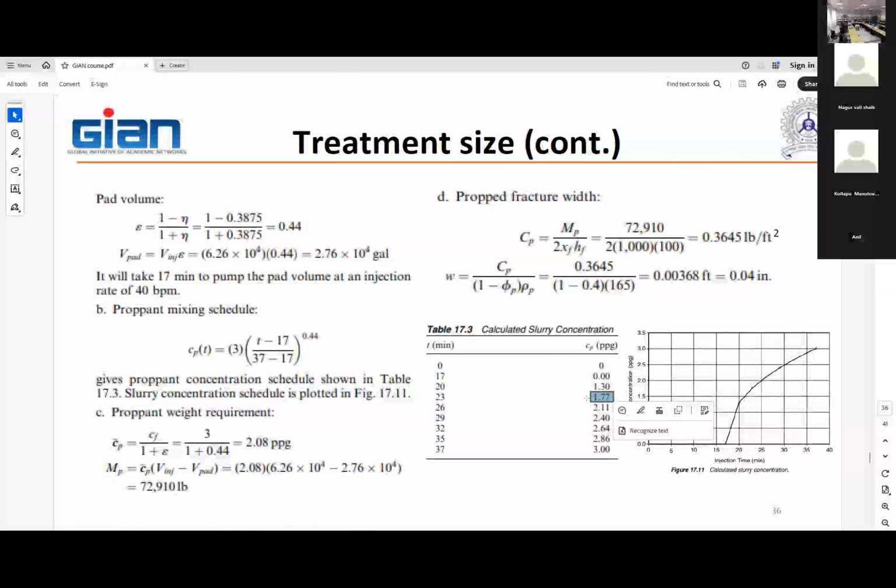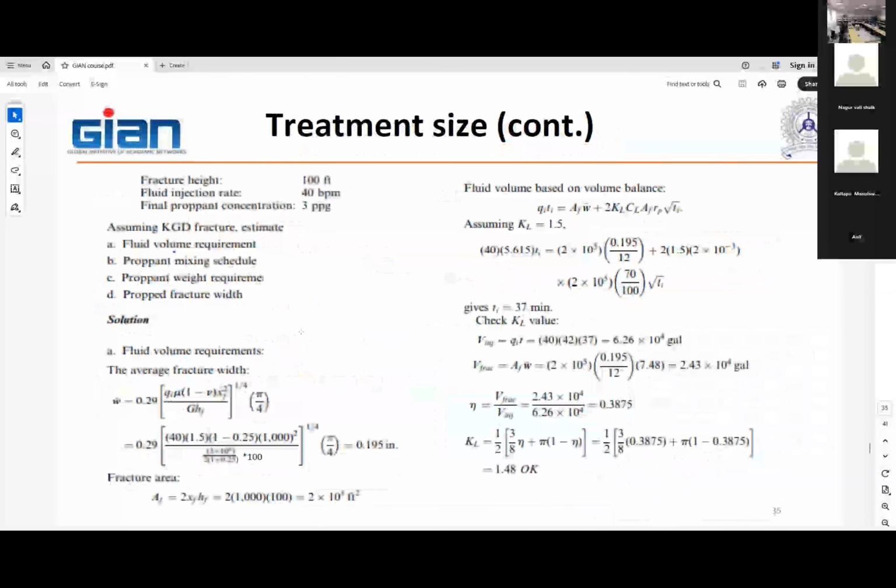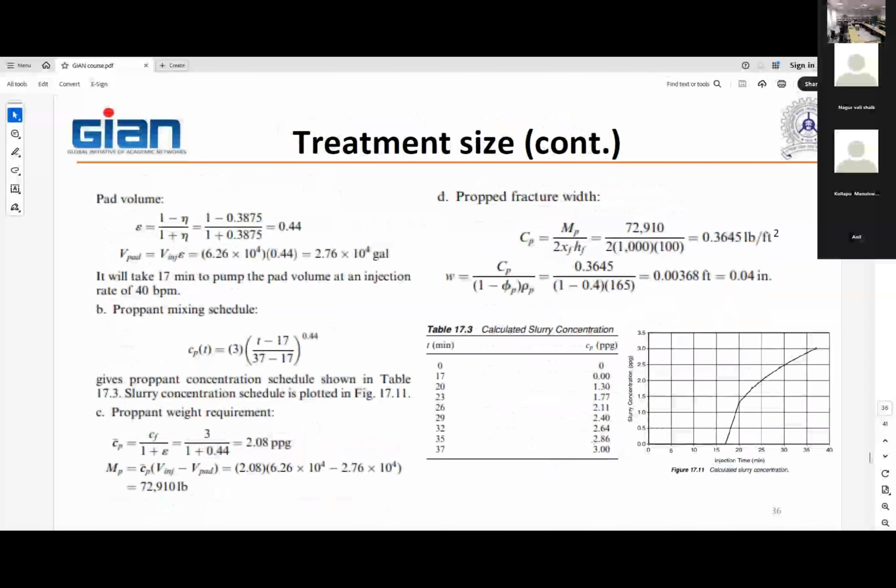Then for the next 3 minutes you pump at 2.11 ppg, and like that at the end for the last 3 minutes you will pump how much? 3 ppg. And that is what we mentioned, that the final propant concentration at the end is 3 ppg. Okay, so this is how you will design your fracture treatment job.